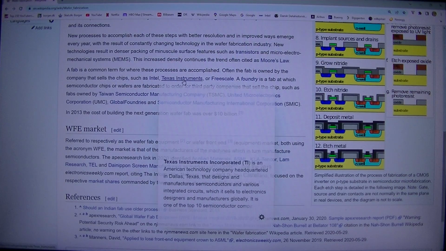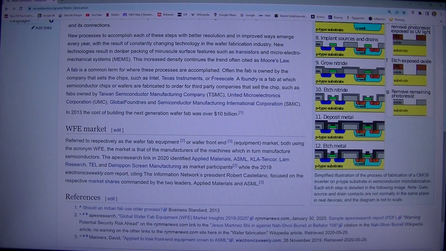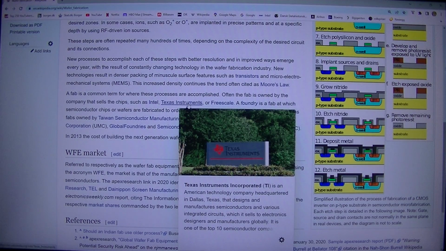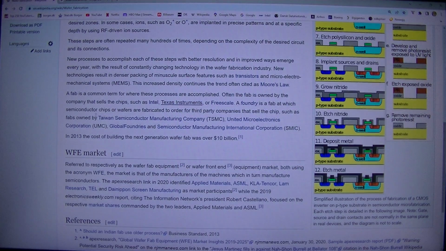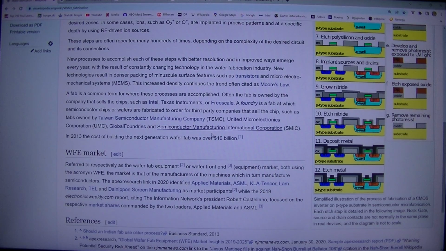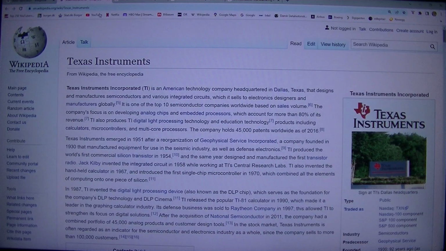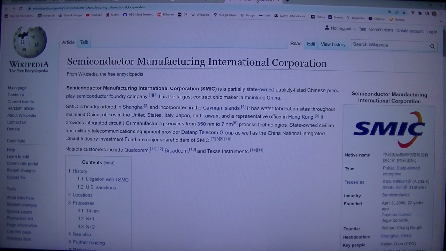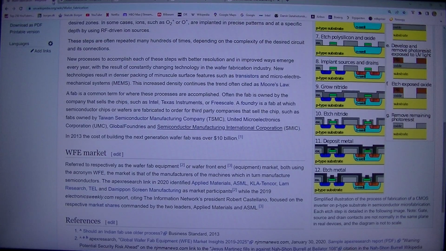I should maybe do the Texas Instruments and United Microelectronics, Global Foundries, so that will probably, yes, I will download this: Texas Instruments, United Microelectronics, Global Foundries. Then I will close this one.